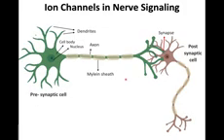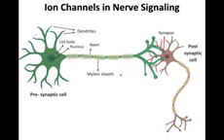Signaling in the nervous system is accomplished by networks of neurons, as shown here. Neurons are specialized cells that carry an electrical impulse, as shown here, from one end of the cell, called the cell body, through an elongated cytoplasmic extension, called an axon, to the end of the cell, called a synapse.